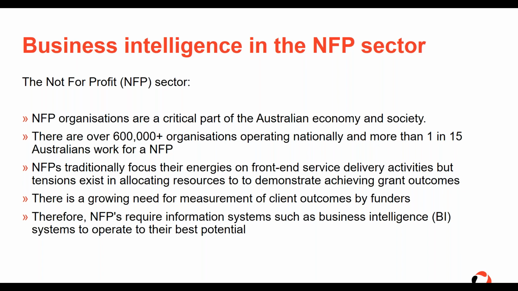And that's the same with donations. So donations are growing, I think it was 2.4% last year. So it's becoming more and more important that people are accountable for those donations. So to do all this tracking of outcomes, NFPs are more likely to have a system now. The survey that we did recently said that I think it was 60% of organizations actually had some form of system, client management system or something like that, to start storing the client outcomes.